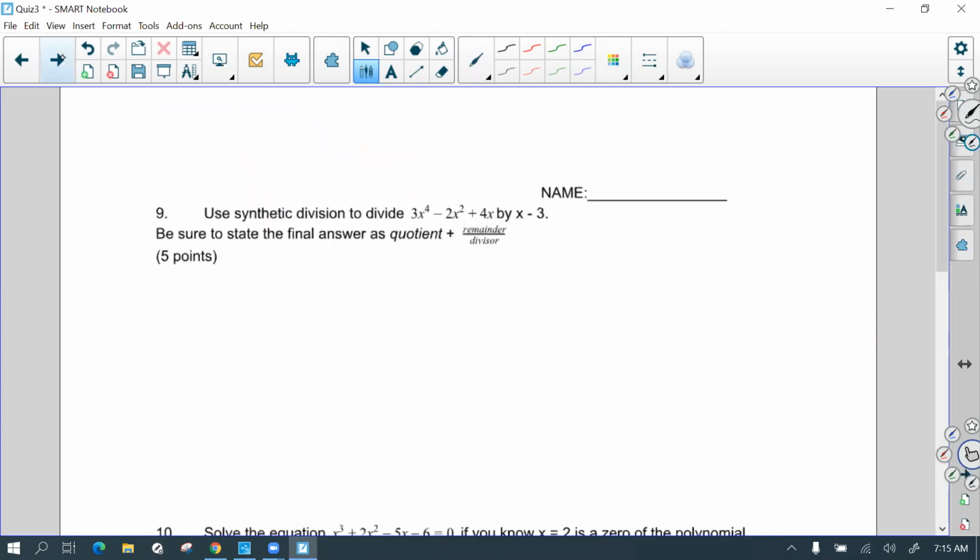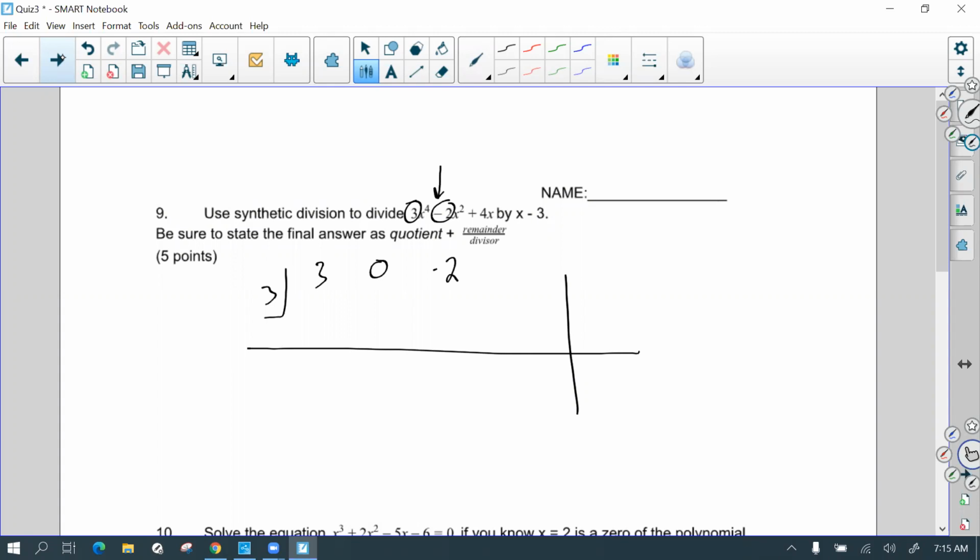Last page. Use synthetic division to divide. So 3 goes in there. Now 3 for x to the 4th, 0 for x to the 3rd, -2 for x to the 2nd, 4 for x to the 1st, and then 0 for the y-intercept. And then we do synthetic division.